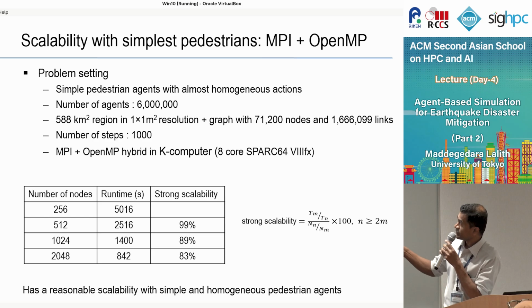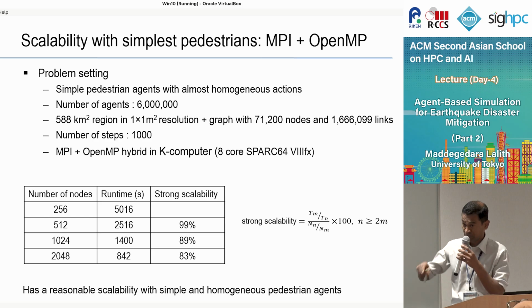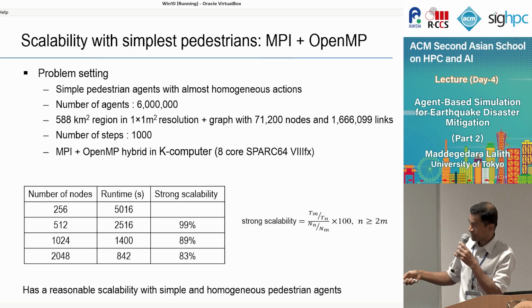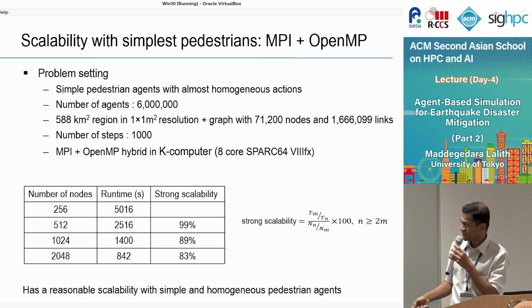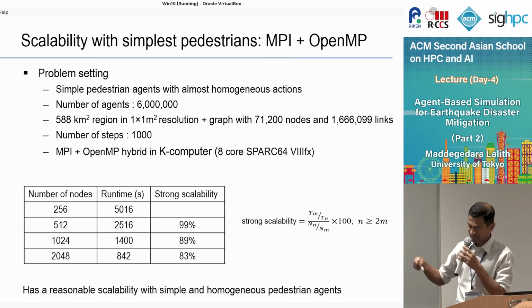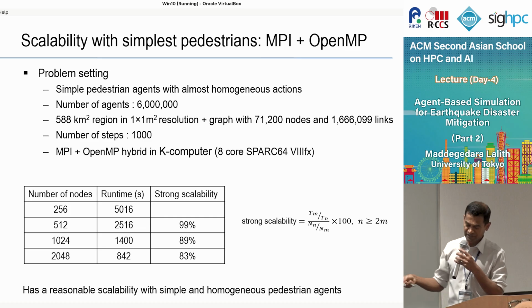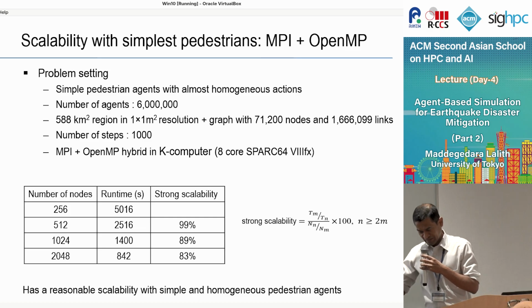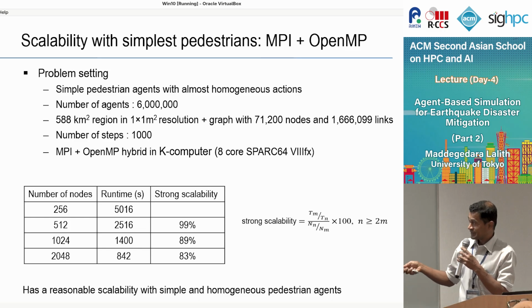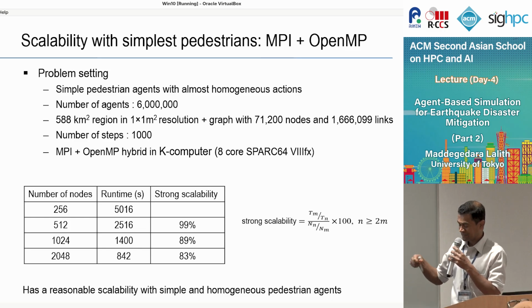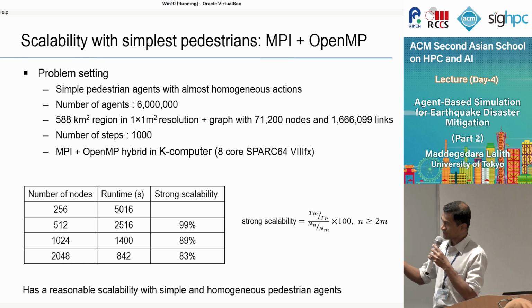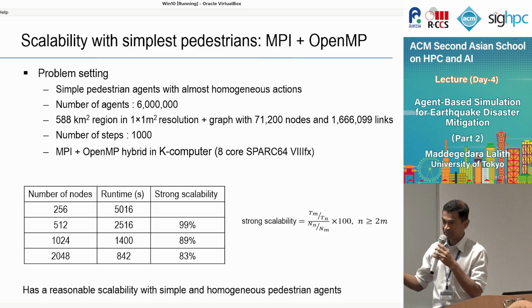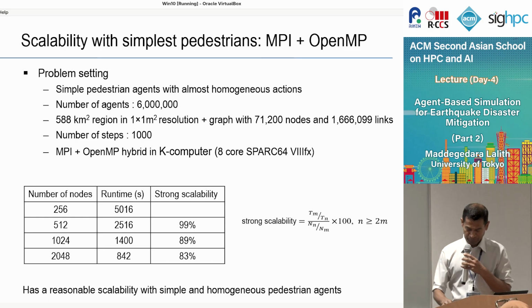Total area is around 588 square kilometers at 1 meter resolution with up to 2000 nodes. That means around 16,000 CPU cores, and we could reach around 83% strong scalability. Since it's a highly heterogeneous problem of a different nature, we cannot attain the high scalability we can attain with physics-based simulation. For this class of problem, we think this is quite high scalability.